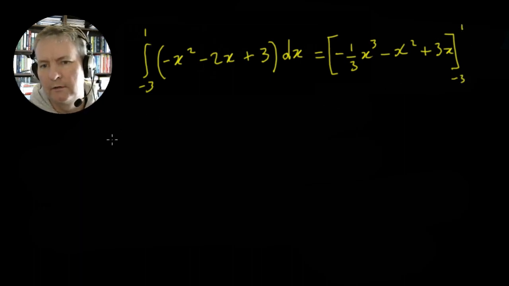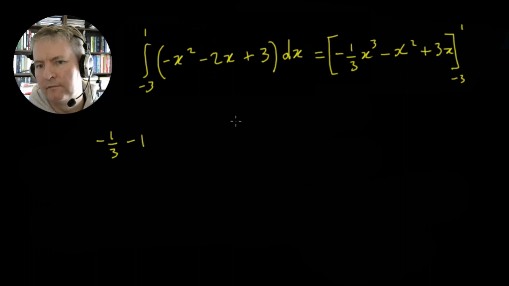So we're going to have our minus 1 upon 3, for when we put the 1 in, we're going to have minus 1 and a value of plus 3. Now the second part is going to be minus, and we've got to put the minus 3 in.